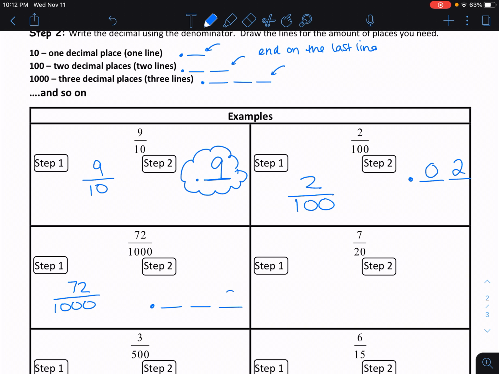And I know that 2 has to be the last number. So 7 goes here. So there must be a 0 first. So this is out of 10. This is out of 100. This one's out of 1,000.